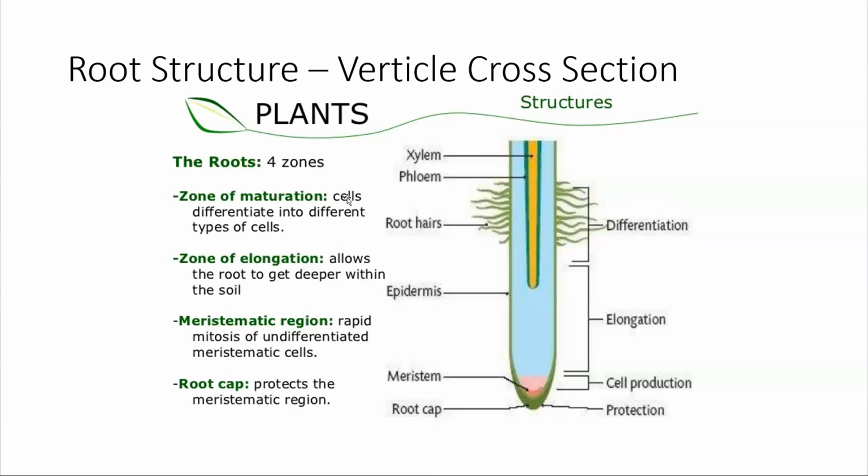So this zone of maturation, cells differentiate into different types of cells, okay? Here in the zone of elongation, the main goal of that root is to get deeper within the soil, to find water essentially, and anchor that plant to the ground.